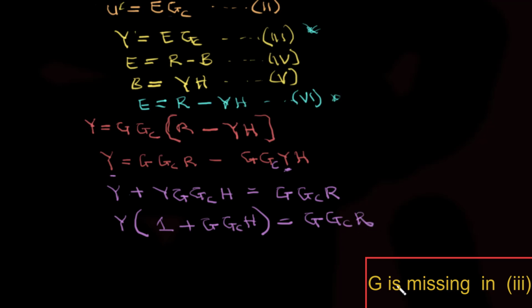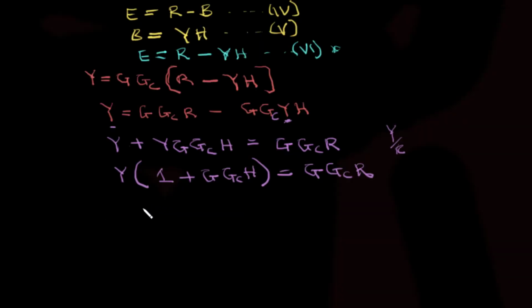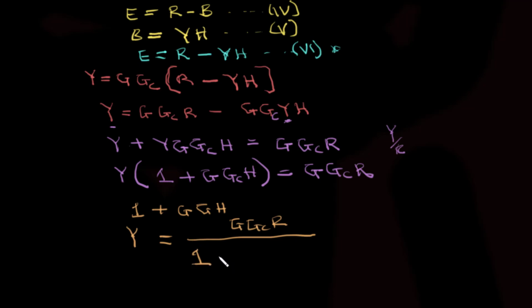So here we are looking for y over r, which is the transfer function represented by this block diagram. If we divide by 1 plus plant controller sensor, we will have y equals, then this one will be down here, G C over 1 plus G C H.